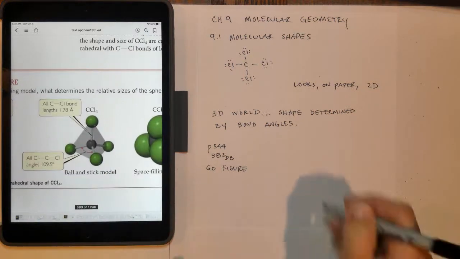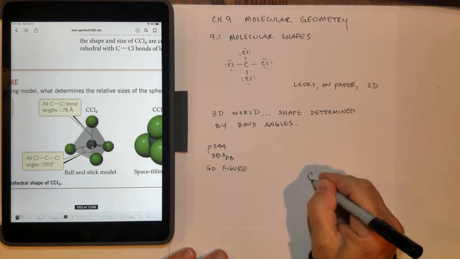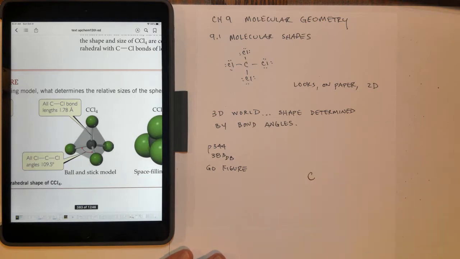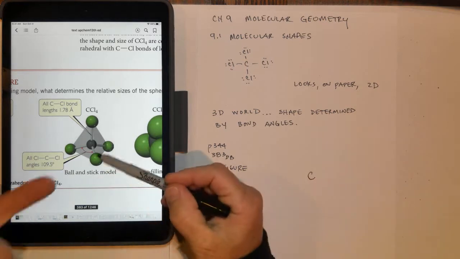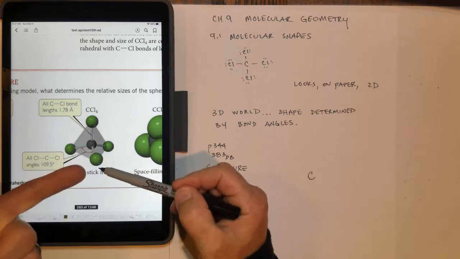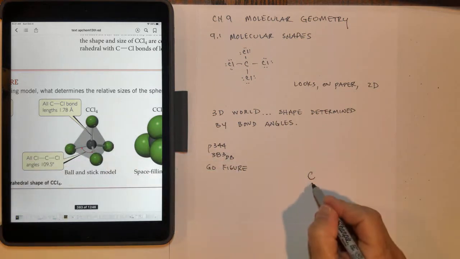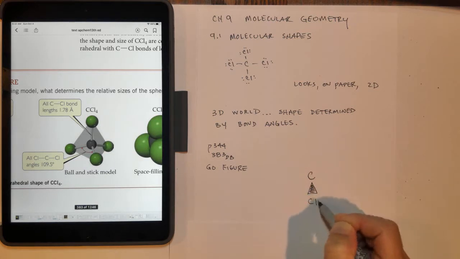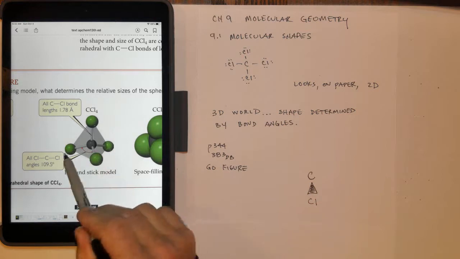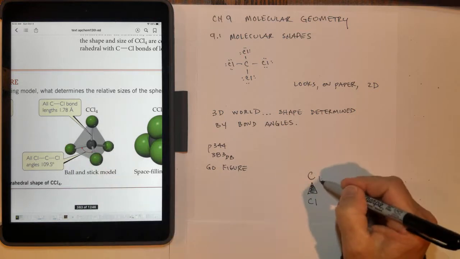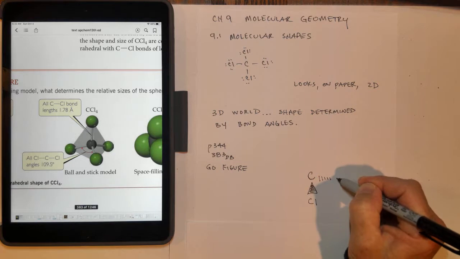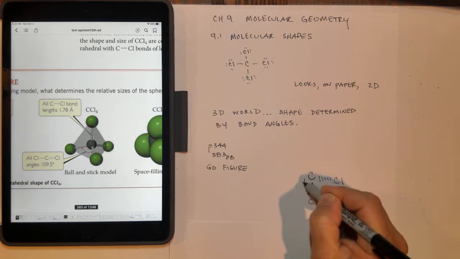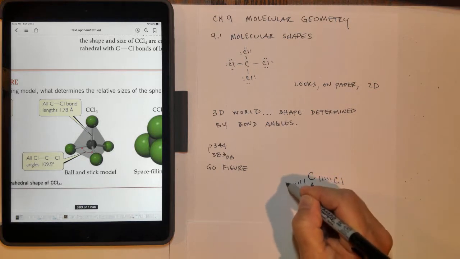Now, here's a space-filling model of what it looks like. But on your paper, let's see if we can draw it using the space-filling model structure direction. This chlorine is coming out of the paper at us, and so we actually use a wedge to indicate that. We fill that wedge in like this, and we put a chlorine out here. These 2 chlorines go back into the paper, and so we draw them as little dashes like this, and little dashes like this.